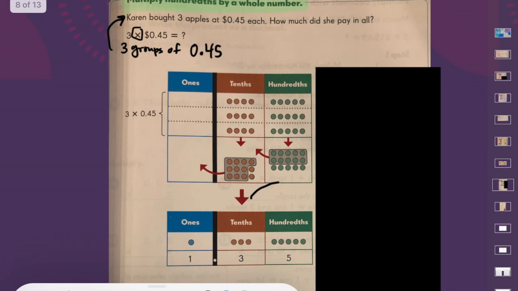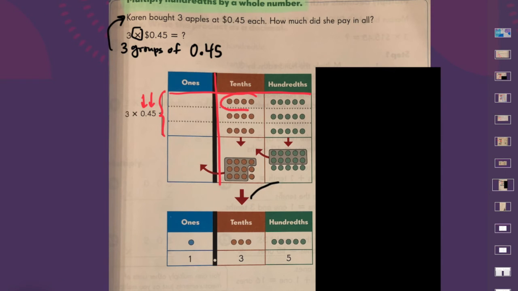So if we were going to use a place value chart to look at this, we know that we have 3 groups of 45 hundredths. So in 45 hundredths, we have 0 ones. So there's nothing in the ones place. We have 4 tenths. So here's one group of 4 tenths, 2 groups of 4 tenths, 3 groups of 4 tenths, and we have 5 hundredths.